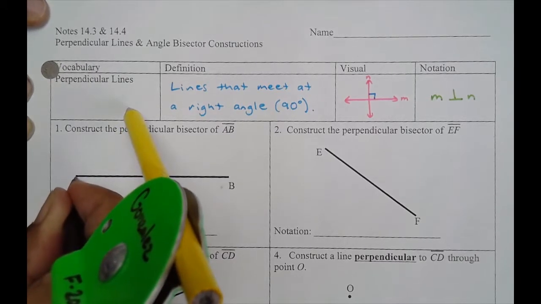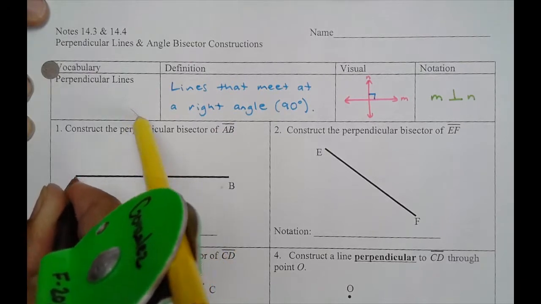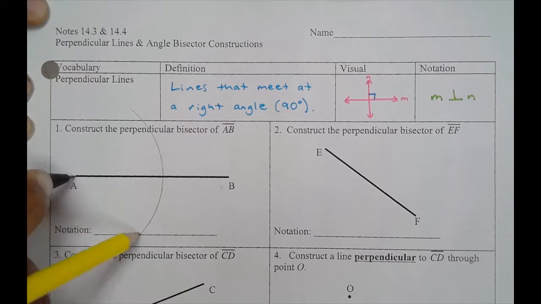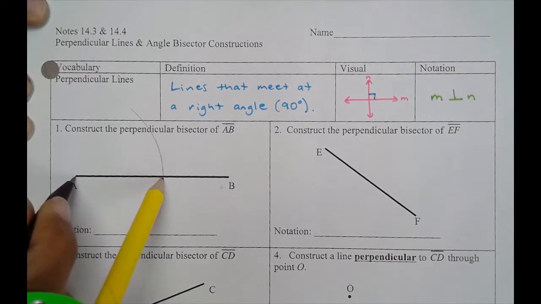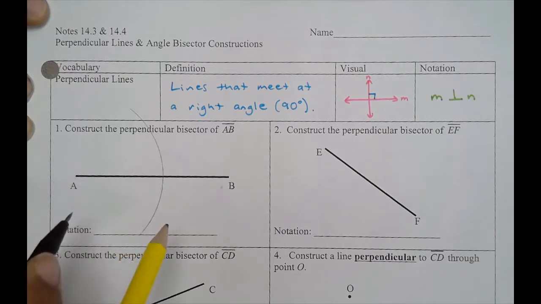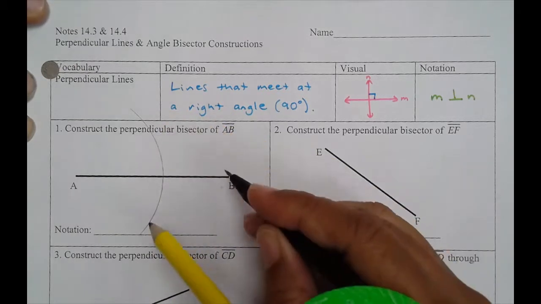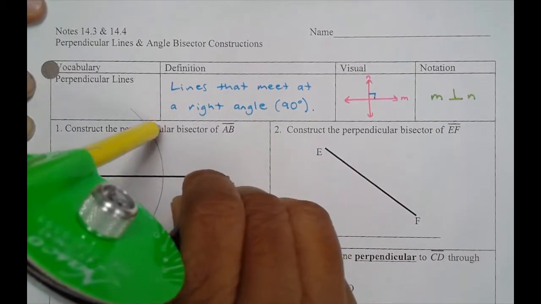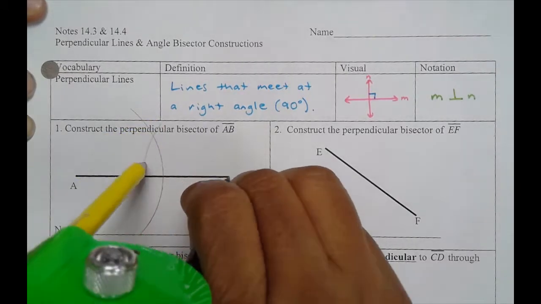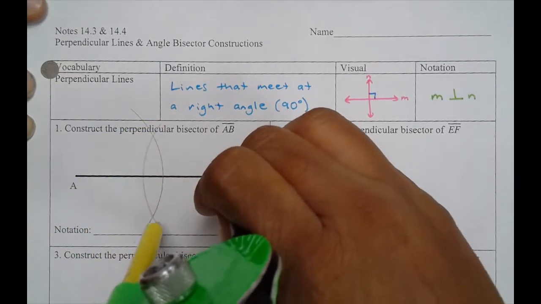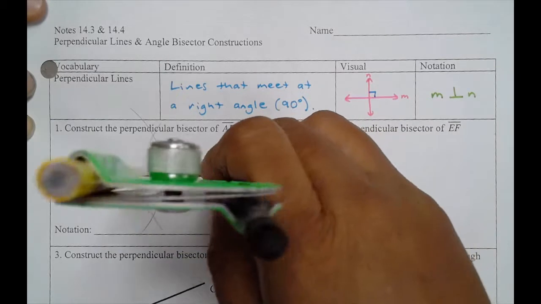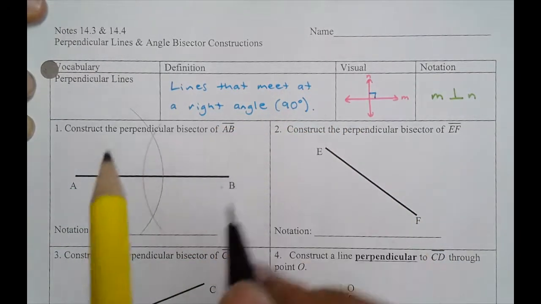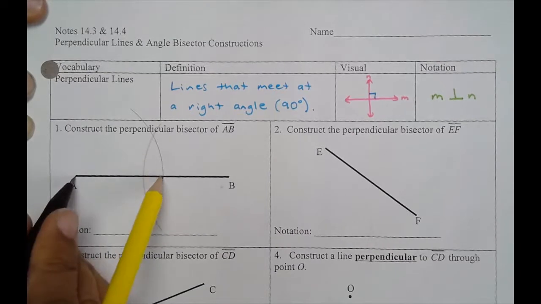This takes a little bit of practice sometimes, but when you draw the first arc, you may not change this actual width, because we're going to use this width, and we're going to take this and now put the pointer on the other endpoint at B, and we're going to draw the other arc using the same distance. Okay, so this is actually the same width right here as it was from A.